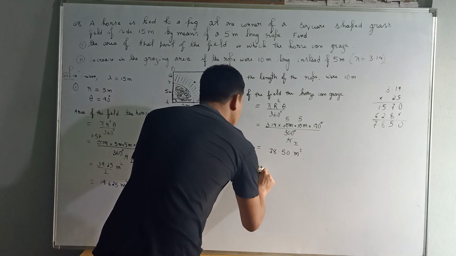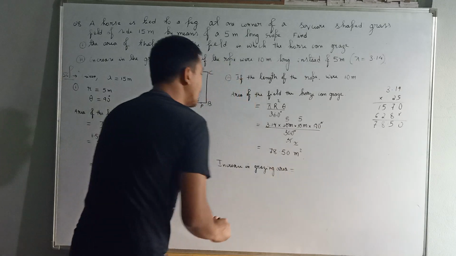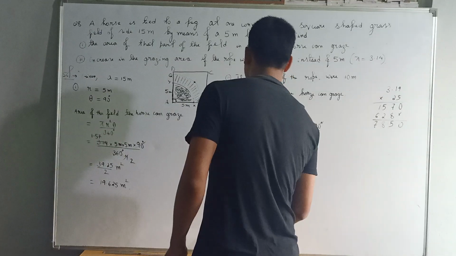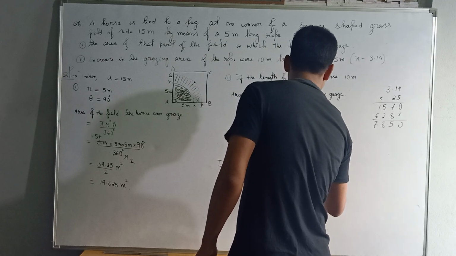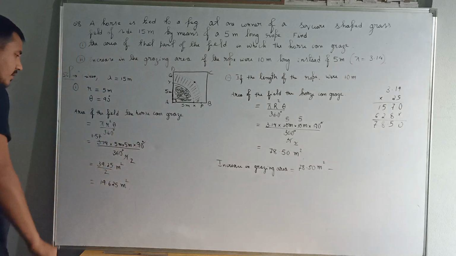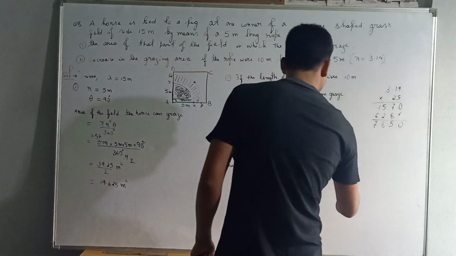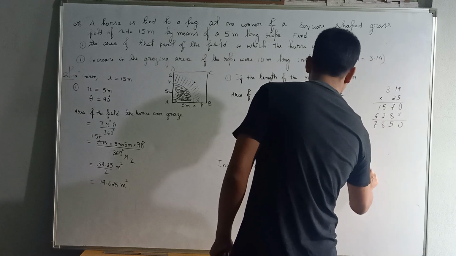The increase in grazing area could be given by the area of the larger sector, which is 78.50 square meters, minus the area of the smaller sector, which is 19.625 square meters.